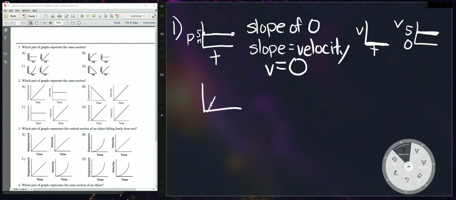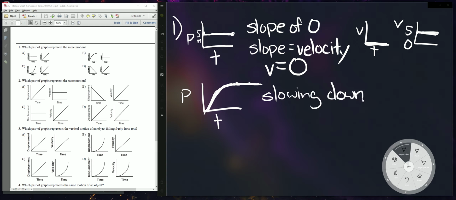Choice B gives you a curving line. We talked about this. If it looks like it's coming to a straight horizontal line, again, we talked about this up here: if you have a straight horizontal line, you're not moving anymore. You're at rest. So if it looks like it's curving to a straight horizontal line, we know that it's coming to a rest. We know that it's slowing down.